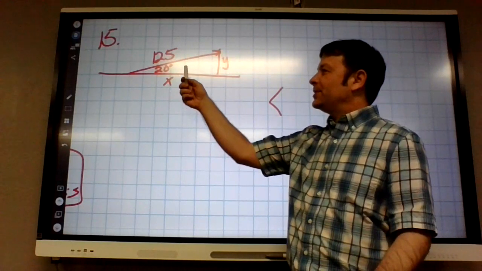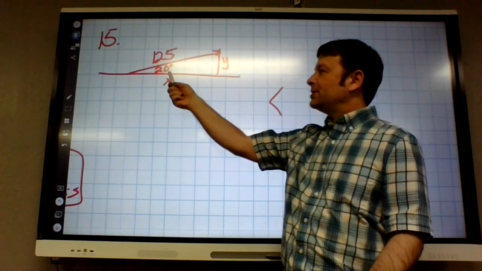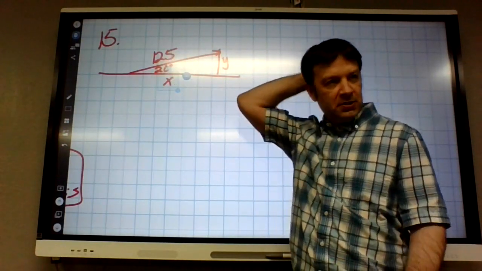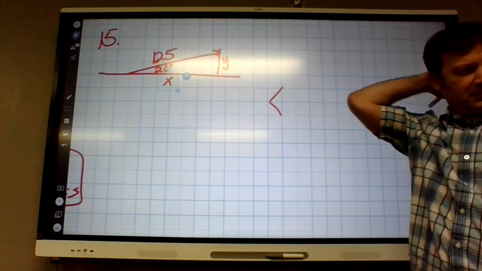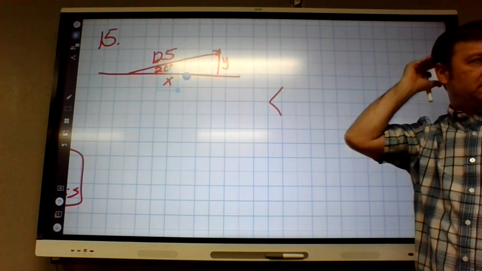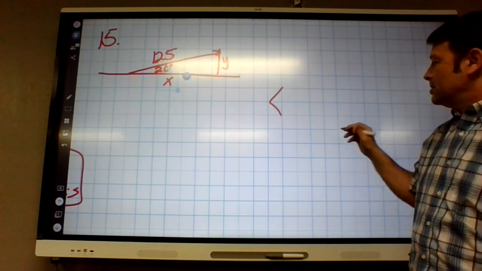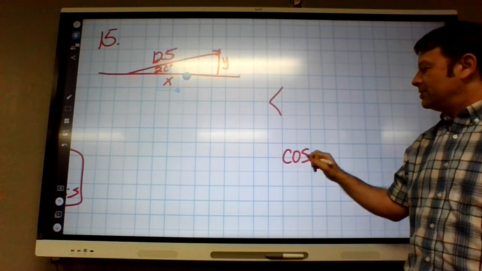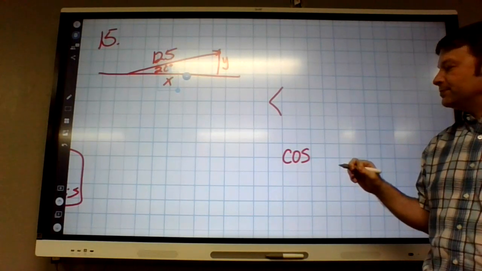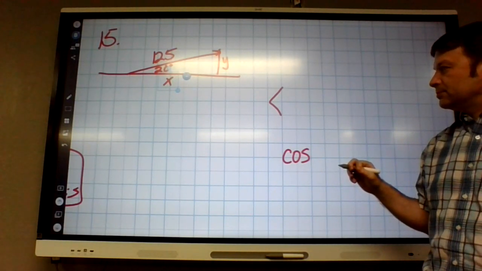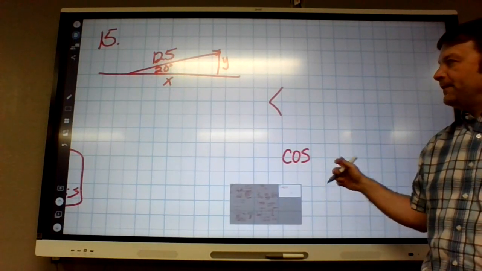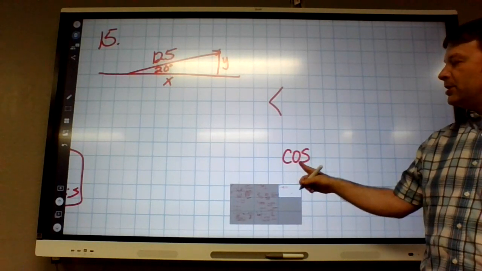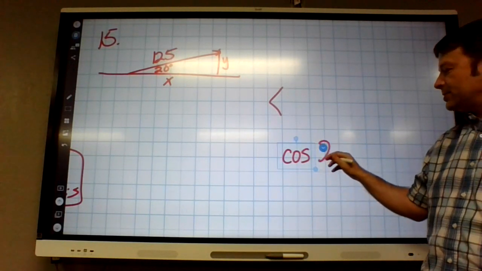So which trig function uses adjacent and hypotenuse? That's the cosine. Exactly. So do you know what I'm gonna write? Cosine of what? Of 20. Yes, the angle always goes right there.